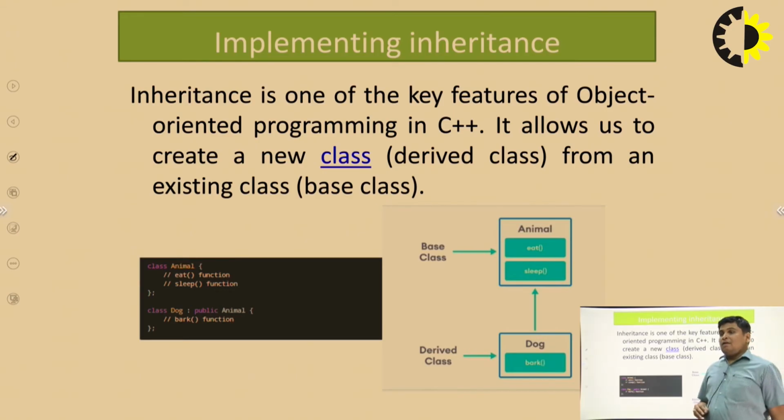Means if the parent class has 1000 methods and we want to inherit all these methods into our class, then object oriented programming provides a very beautiful feature, which is called inheritance.